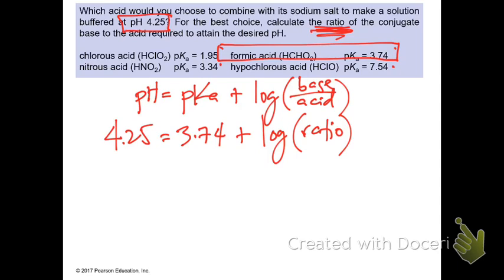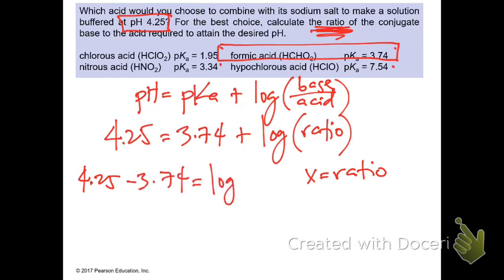All right, so all we have to do now is solve for ratio. Let's say X is equivalent to the ratio here. So 4.25 minus 3.74 equals the log of X. Again, X is equivalent to ratio.